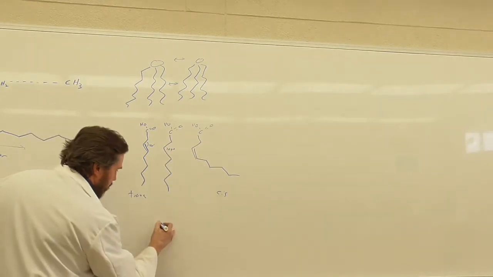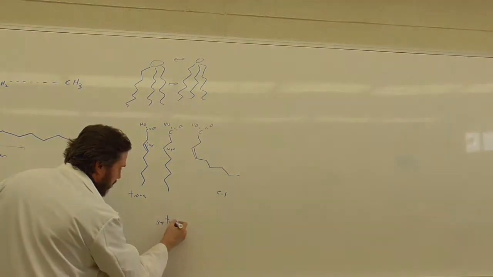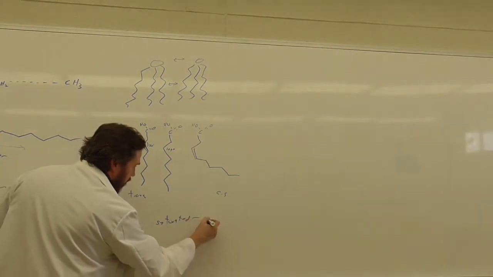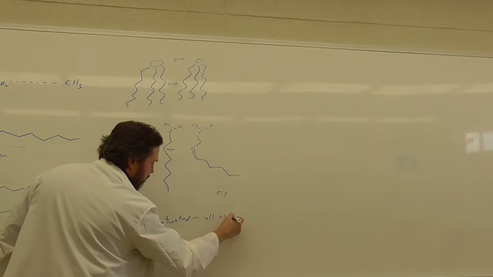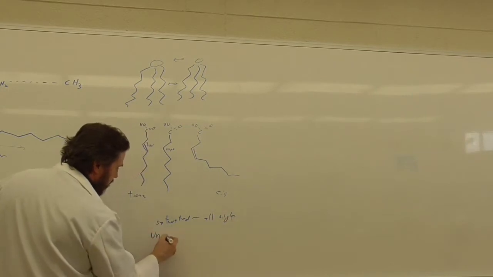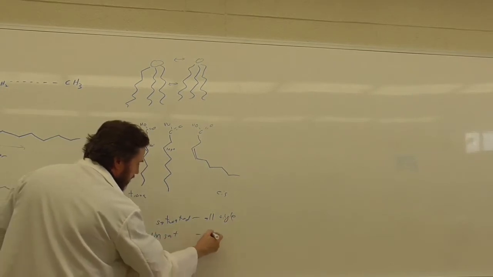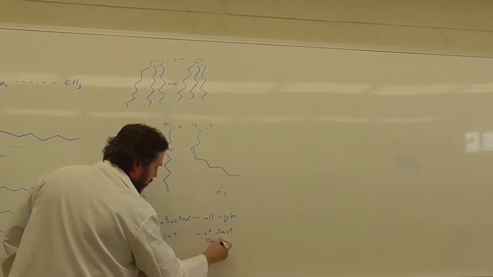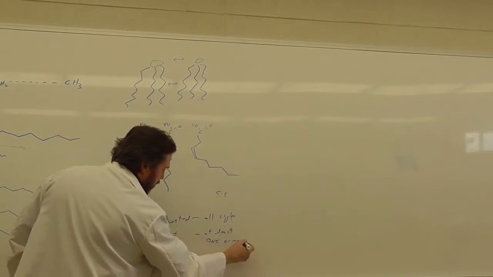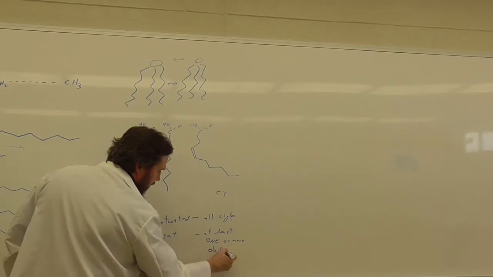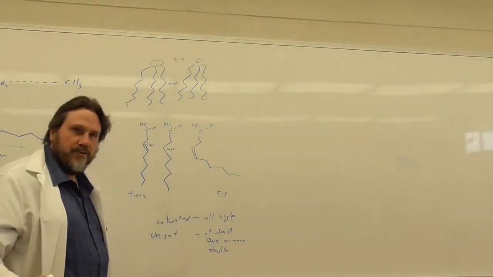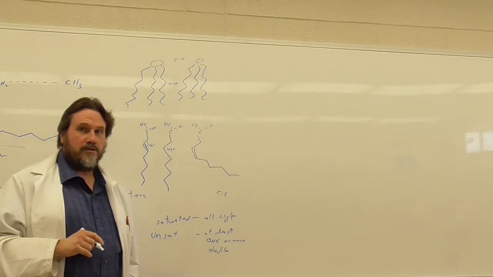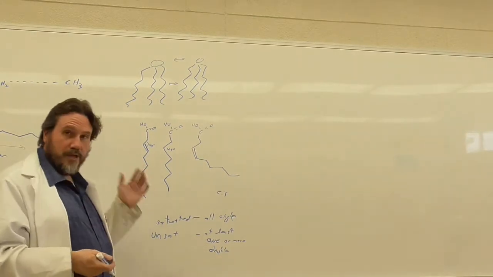We use those terms a lot when we're talking about fats. So saturated is all single bonds, whereas unsaturated has at least one or more double bonds. And again, whether that double bond is cis or trans is going to affect physical properties such as the melting point.